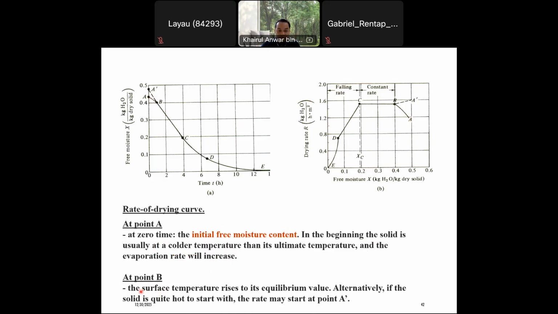Next, the surface temperature rises to its equilibrium value. Alternatively, if the solid is quite hot to start with, the rate may start at point A prime.